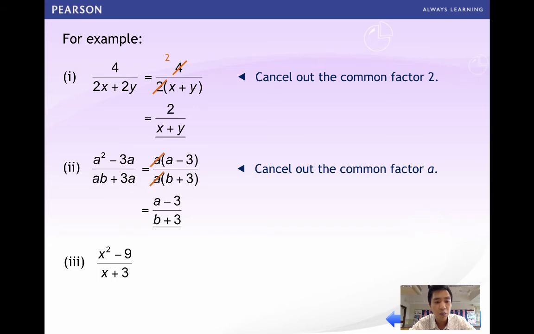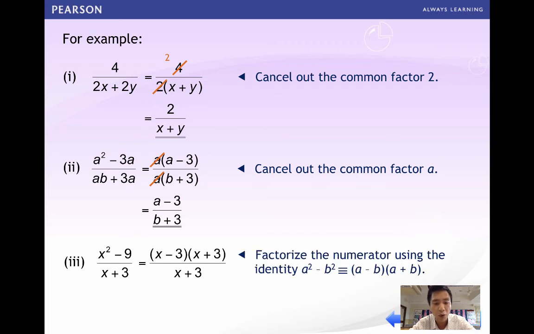For part 3, we have x squared minus 9 as the numerator and x plus 3 as the denominator. This time, we try to factorize the numerator, that means x squared minus 9. We can factorize it as x plus 3 times x minus 3. And at this point, you can see that x plus 3 is a common factor of both the numerator and the denominator.